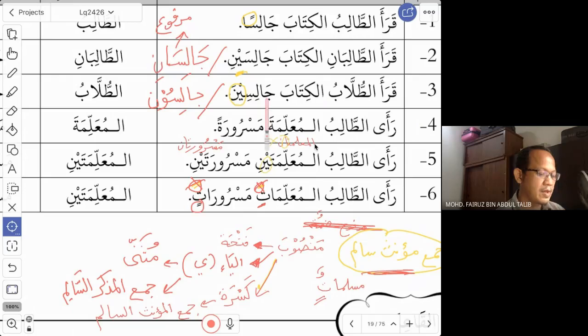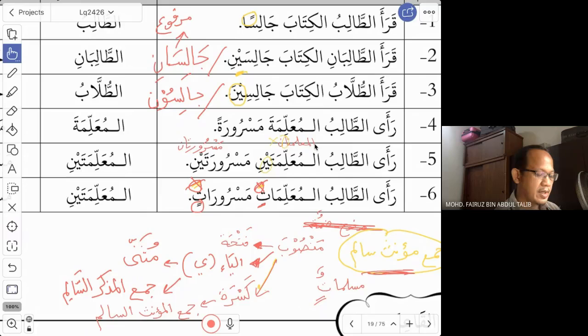So now we have two versions of the word, jalisuna or jalisina, because this is jama' muzakkar salim. In the state of mansub, we cannot say jalisuna. We have to say jalisina. Why? Because when a word is in the state of mansub, you have to use ya when it is jama' muzakkar salim. Okay, so this is the second alamat of mansub.